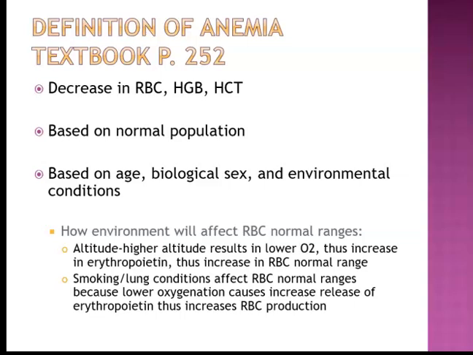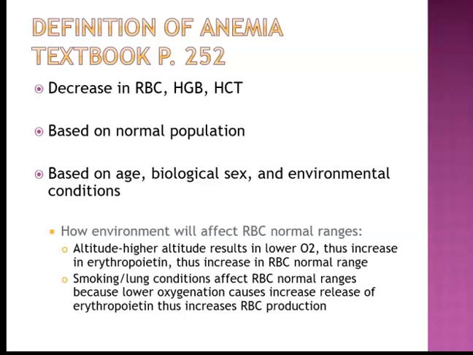Let's talk about some environmental factors that can affect your normal red blood cell range. Altitude is the first one. Higher altitudes equal a lower oxygen content in the air. So that means you're going to have an increase in erythropoietin in the body.